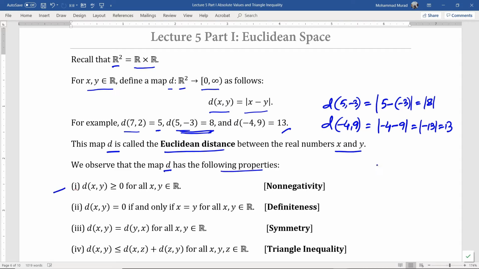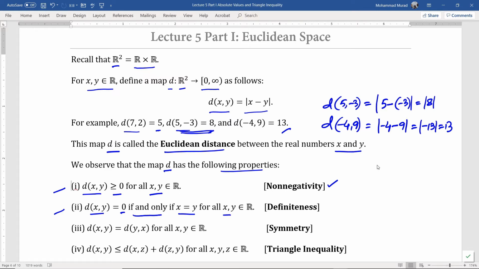Property 1. D of x comma y is greater or equal to 0 for all real numbers x and y. This property is called non-negativity. Property 2. D of x comma y equals 0 if and only if x equals y for all real numbers x and y.